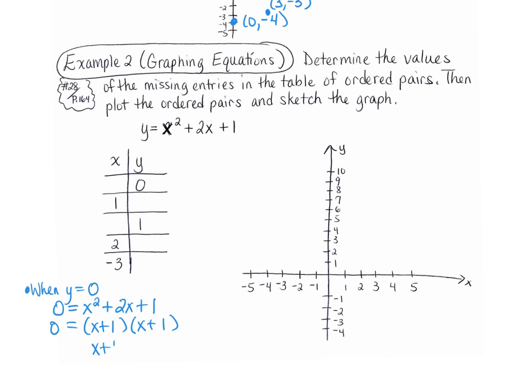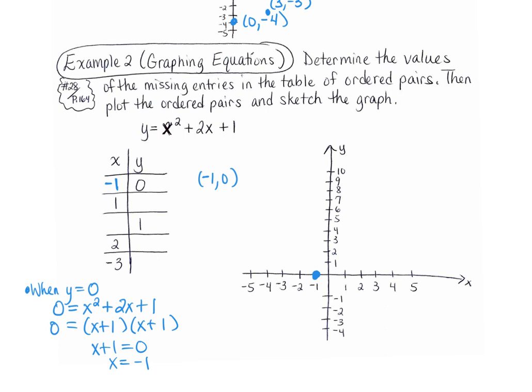So you get x plus 1 equals 0, or x equals -1. So here we have a -1. So the point that corresponds to x being -1 and y being 0 is -1, 0. So then we plot -1, 0. Figure out the rest.